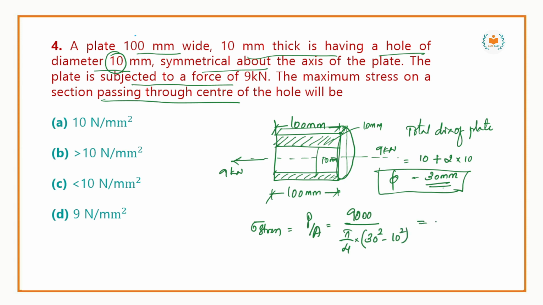If you simplify, we will get this answer as 22.9 Newton per mm square. The options they have given are 10 Newton per millimeter square, greater than 10 Newton per millimeter square, less than 10 Newton per millimeter square, and 9 Newton per millimeter square. The stress we got is 22.9. So option B will be the right answer for this particular question.